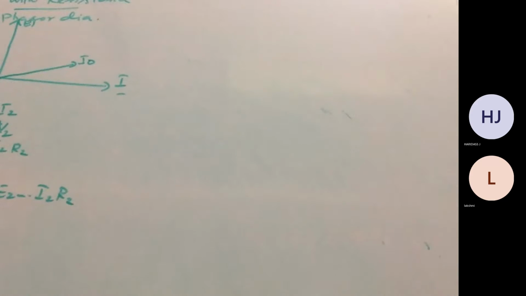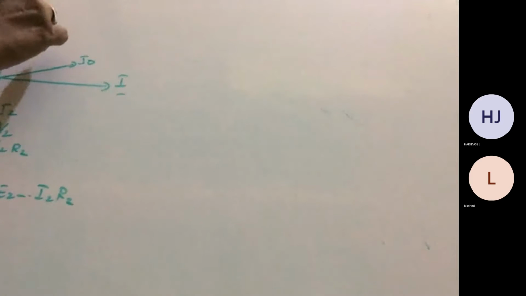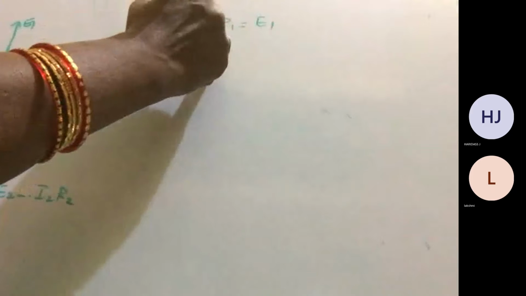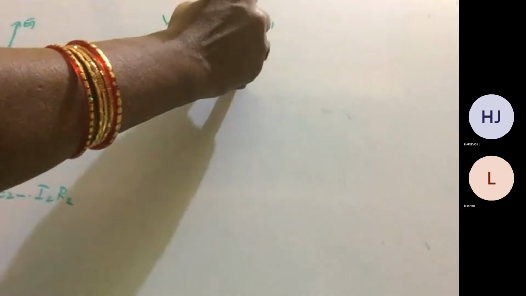So from that E1, what is V1? We drew E2, similarly we can draw E1. So V1 minus I1 R1 equals E1, or otherwise E1 plus I1 R1 equals V1.